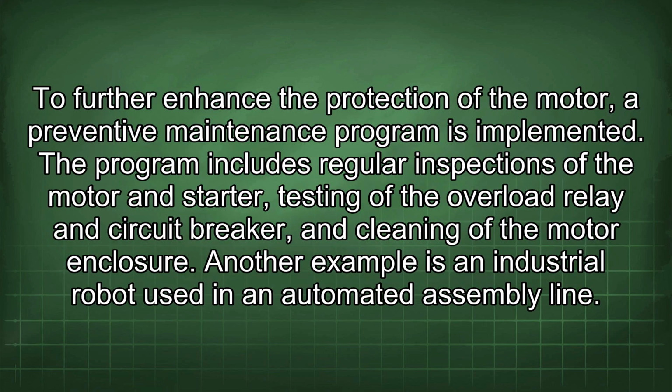To further enhance the protection of the motor, a preventive maintenance program is implemented. The program includes regular inspections of the motor and starter, testing of the overload relay and circuit breaker, and cleaning of the motor enclosure.